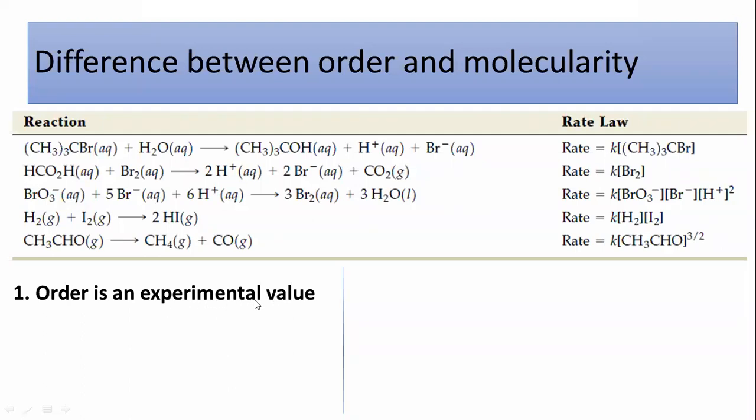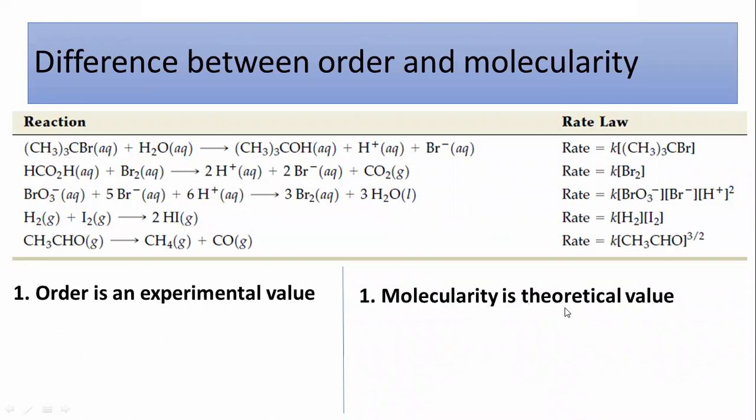That's why it is an experimental value. Of course, you can state the order once the rate law is written. That means you have to perform the experiment to write this rate law. When the rate law is written, you just see the power of all these concentration terms. That is called the order of the reaction.